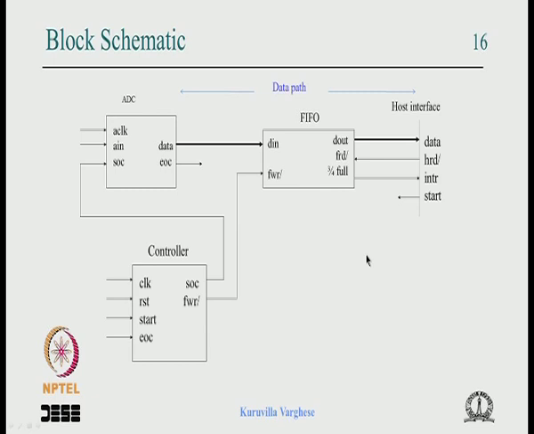Now we will make some assumptions. One thing is that when the interrupt comes and the host comes and tries to read it, by the time, maybe the ADC has written quite a bit of data more than the 3/4.